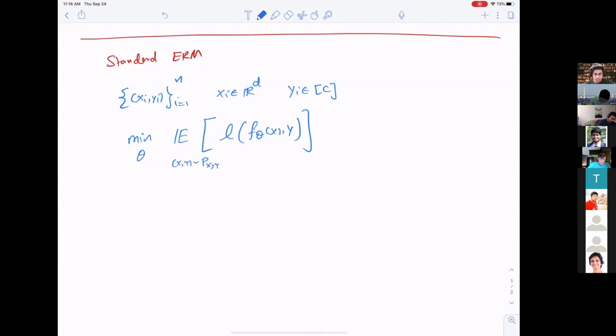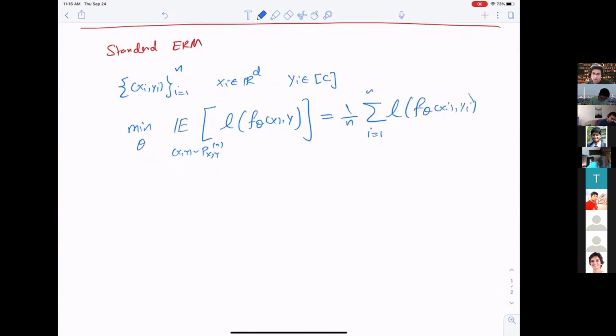So I denote that with P_xy sub n. So this is basically the formulation that we had before. This is the loss of f_theta(x_i) and y_i. Okay, so this is the accuracy or loss on the training set that you're considering.